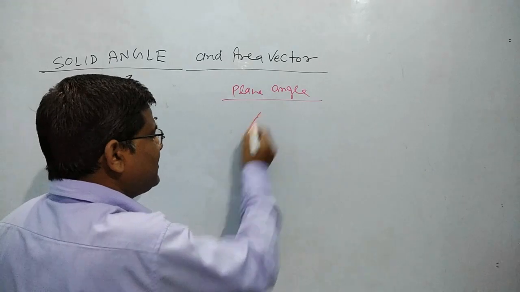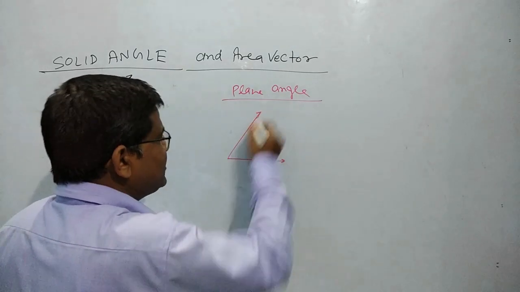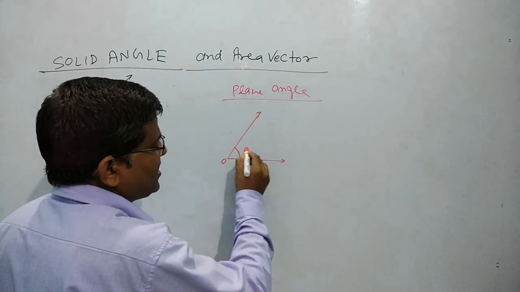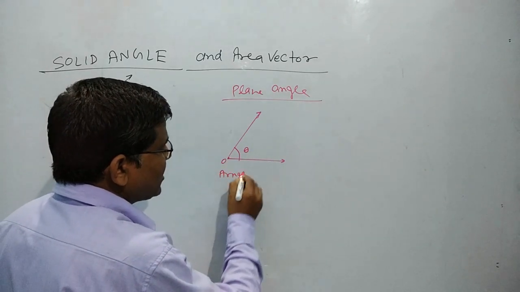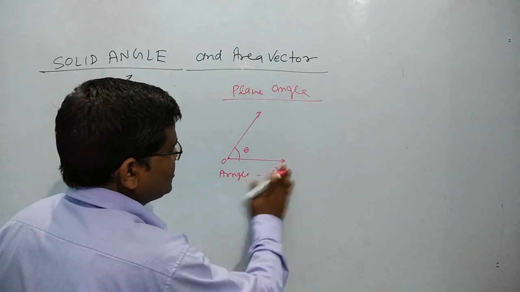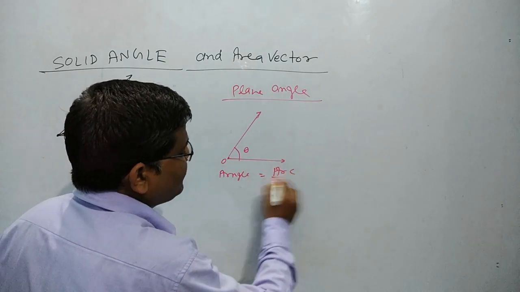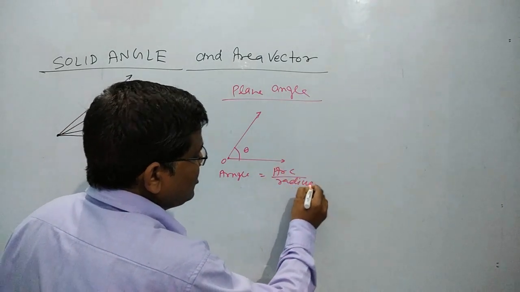Plane angle. As you know, this is the ray, the point here, and this is the angle. This angle is equal to arc by radius, as you know very well.